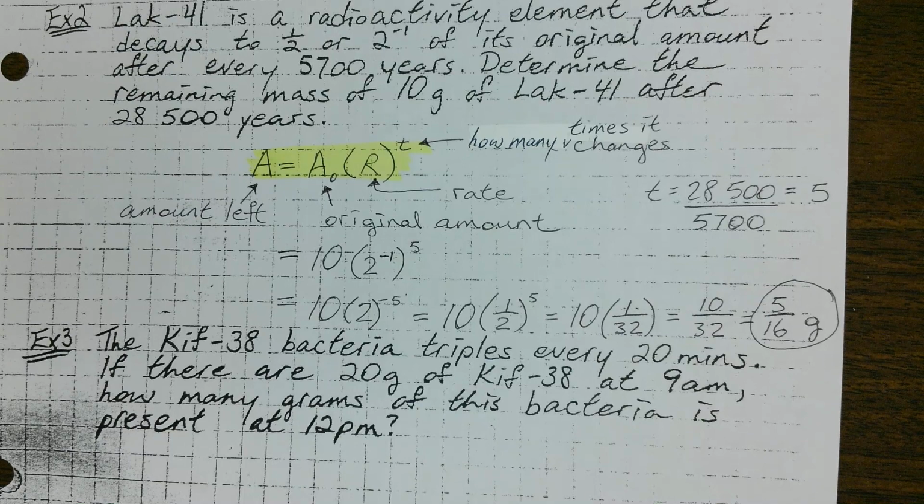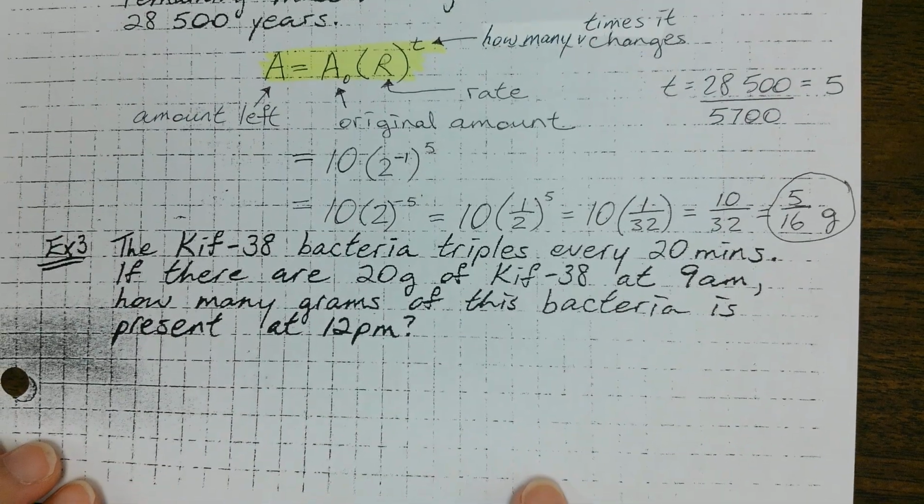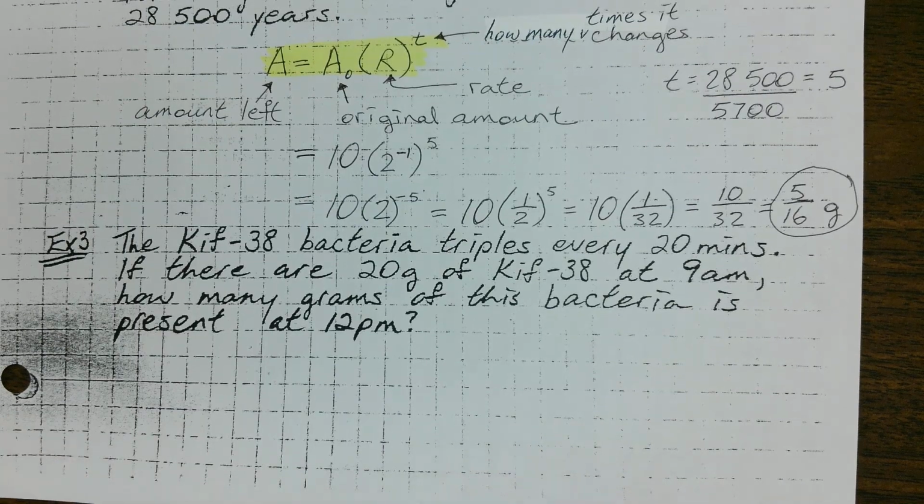Okay, let's try one last one. Who can read example 3 for us? Dikshan, you got nominated. The KIF28 bacteria triples every 20 minutes. If there are 20 grams of KIF28 at 9 a.m., how many grams of this bacteria is present at 12 p.m.? Perfect.